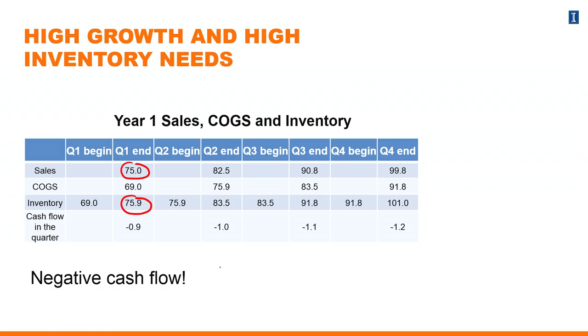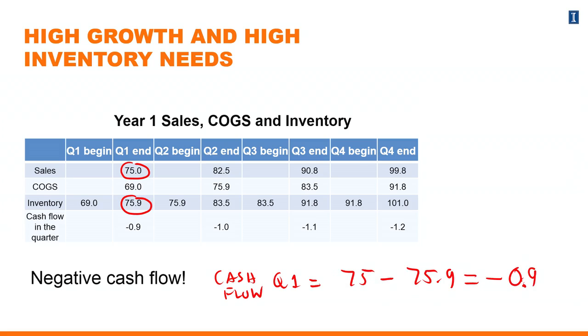So your cash flow in quarter one would be 75 minus 75.9, which is minus 0.9. And this happens every quarter: quarter one, quarter two, quarter three, quarter four. It's a negative cash flow.